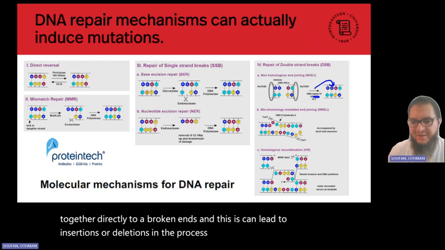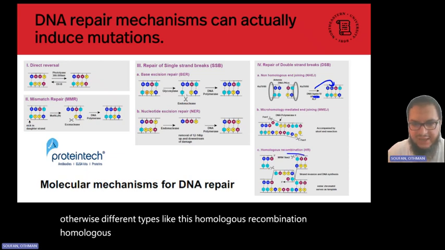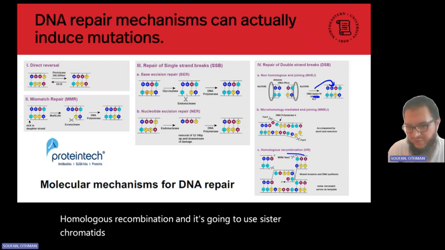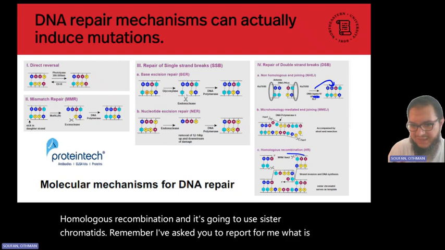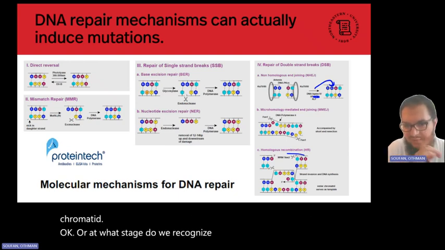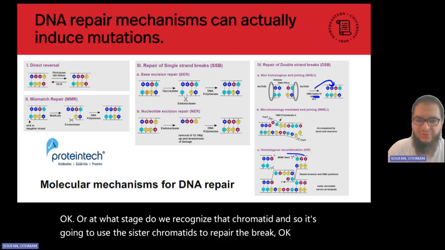Otherwise there are different types, like homologous recombination, and it's going to use the sister chromatid. Remember, I asked you to report what a chromatid is, or at what stage we recognize that chromatid. So it's going to use the sister chromatid to repair the break, and so on and so forth.